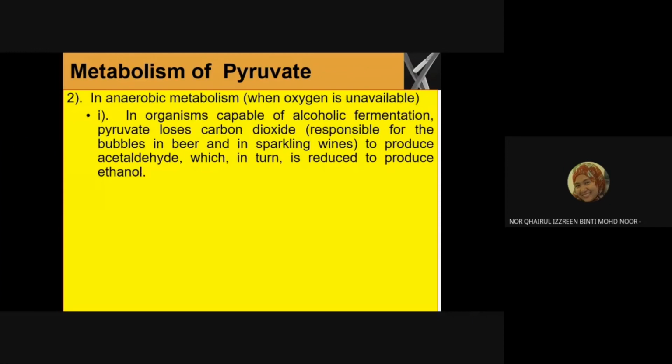In anaerobic metabolism, when oxygen is unavailable, pyruvate is capable of alcoholic fermentation. When pyruvate loses carbon dioxide, similar to aerobic metabolism, it produces acetaldehyde, which can be reduced to produce ethanol.